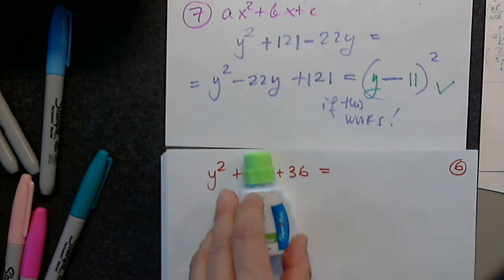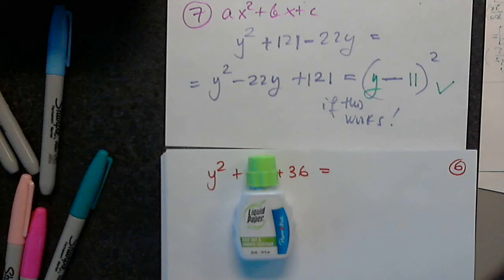I covered the middle term, so it's a binomial. Okay, is it a trinomial? Yes. Is it in descending order? Yes. Negative leading coefficient? No. Greatest common factor? No. Special product? Yes.